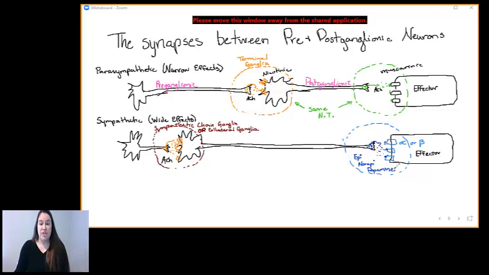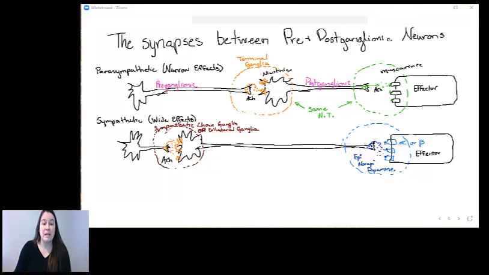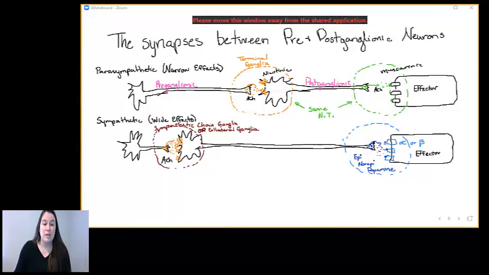Okay, so they're utilizing these different neurotransmitters largely between the postganglionic neuron and the effector. Note that even though the ganglia here in the sympathetic is a chain ganglia and the ganglia here is a terminal ganglia, the neurotransmitter and receptor that you are seeing in both of these are the same, nicotinic.